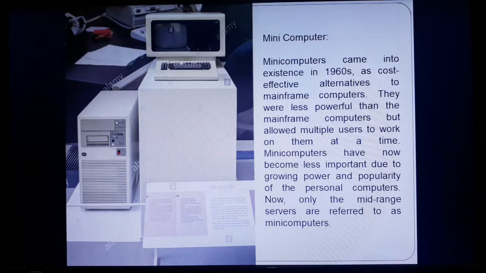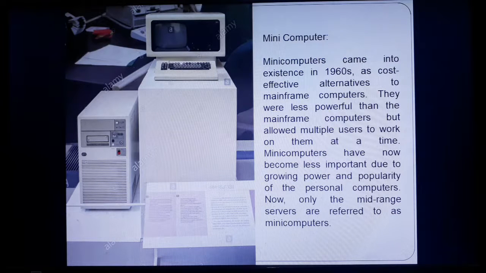When we use less money, then we will get a less powerful thing. So here, as we are providing less money for mini computers, we will obviously get a less powerful computer than a mainframe computer. So a mini computer is less powerful than a mainframe computer, but it can work as a good alternative to it.